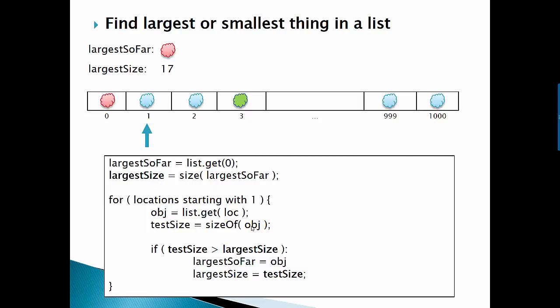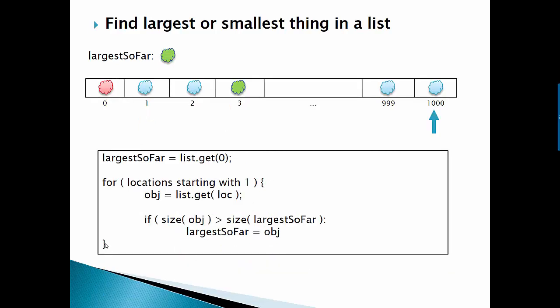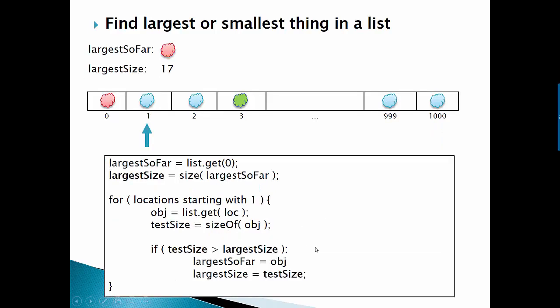If you look at the previous version of the code, if the first thing is the largest so far, as I'm looping through all of the other things, I'm recalculating the size of the largest so far over and over and over again. But there's no real reason to do that because it's not changing at all. So that is a little bit slow.